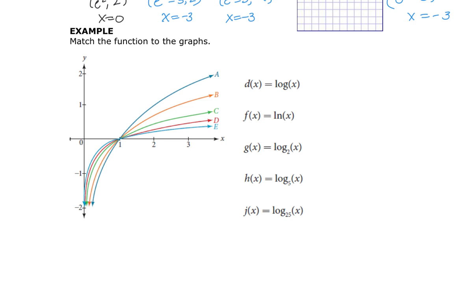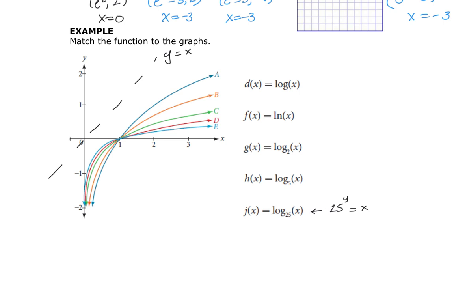Now, if I'm asked to match the graphs with these logs, remember that if you were to draw their inverses over this line y equals x, this would be 25 to the y is equal to x.